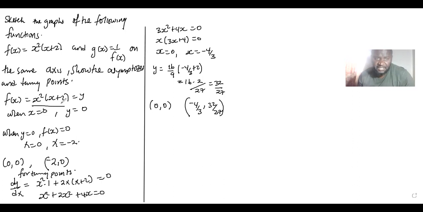I first differentiated the bracket, I got 1 times the x squared, plus differentiate the x squared, keep the bracket constant. Then algebra is equal to 0. Then I factorized. Then I found the values of x, which when substituted back, I get their corresponding y values. So I got the points. Now I need to investigate whether those points are maximum or minimum.